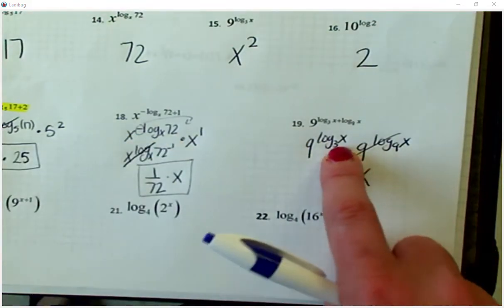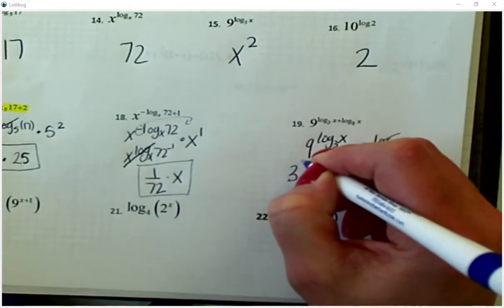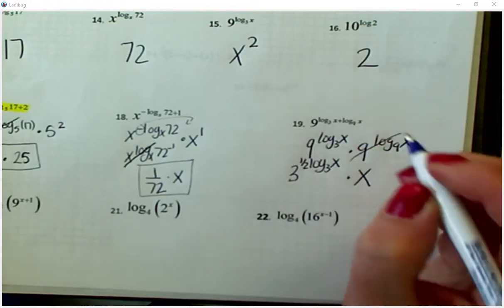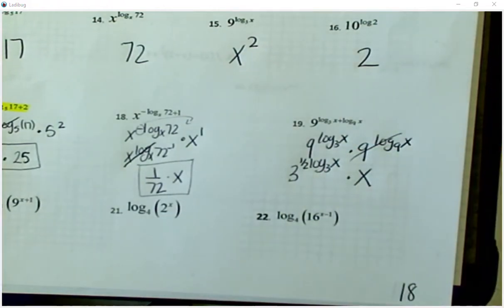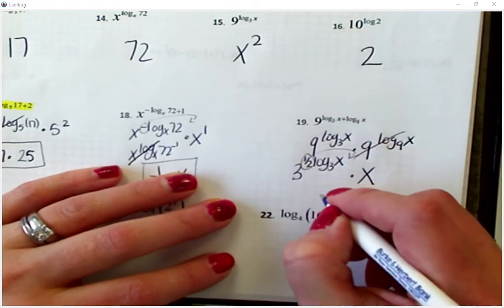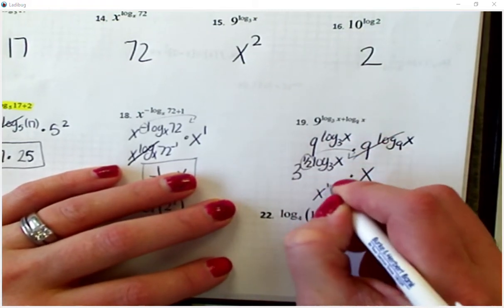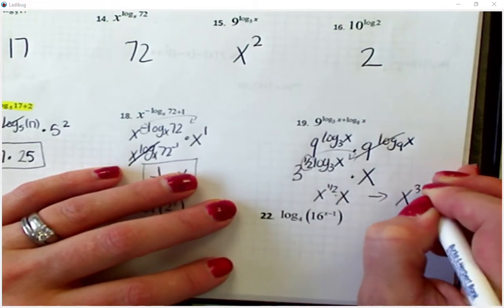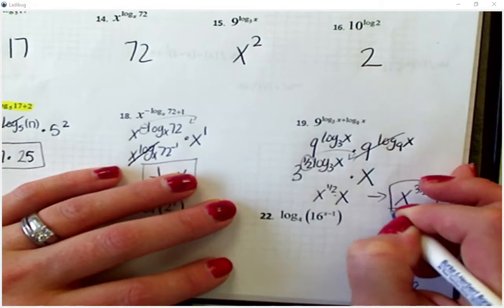Because you have to change the other one. And so that is a 3 to the 1/2, because of the square root. And so my 1/2 moves, and I get x to the 1/2 times x, which is x to the 3/2.